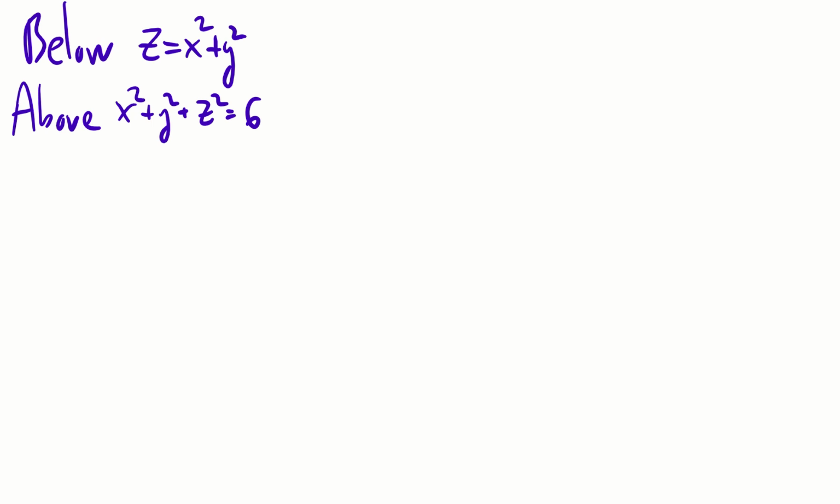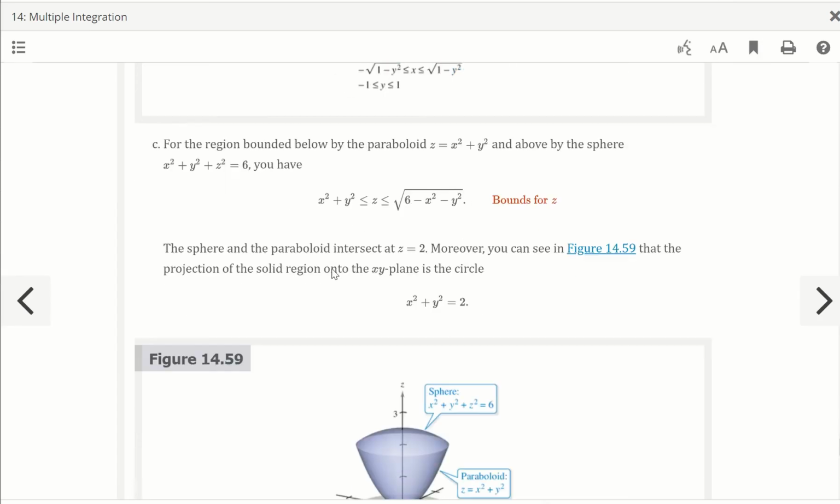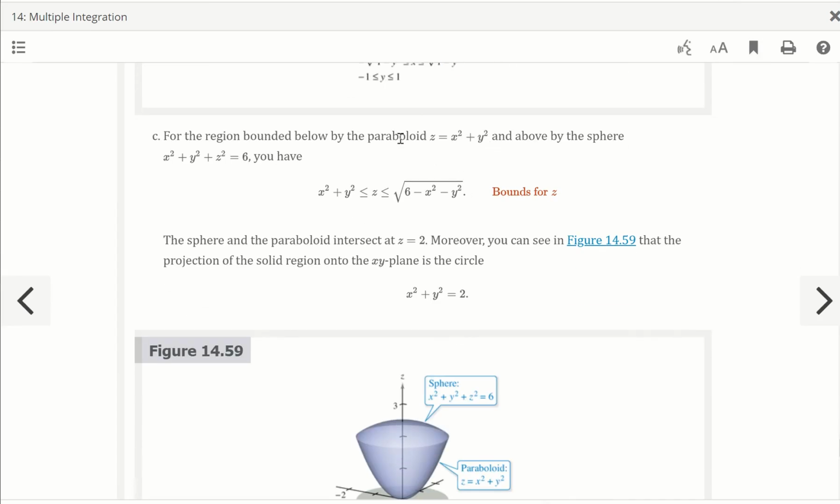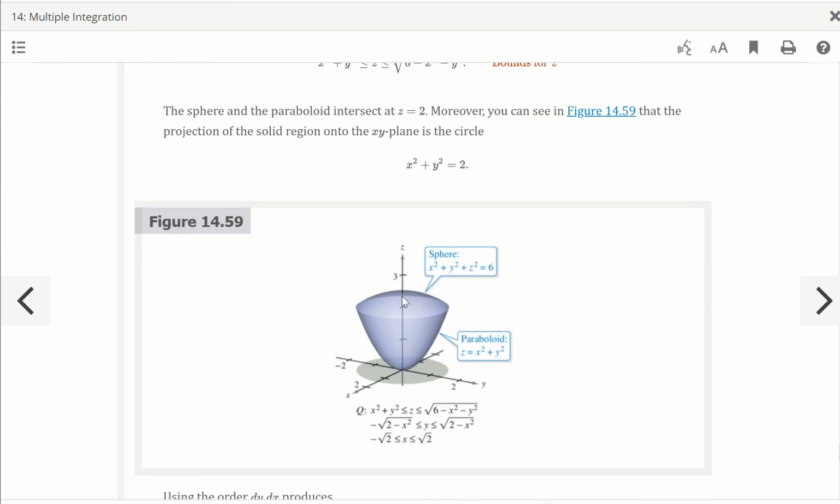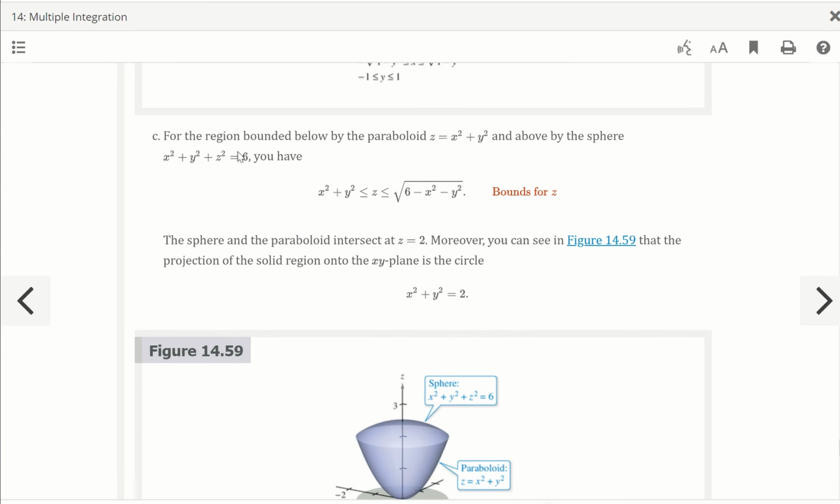And let me just make sure I have that correct. So we want it bounded below the paraboloid. I believe we have a typo here. Below the paraboloid, but yet above the sphere. Should actually be below the sphere and above the paraboloid. So, typo in the textbook, actually.